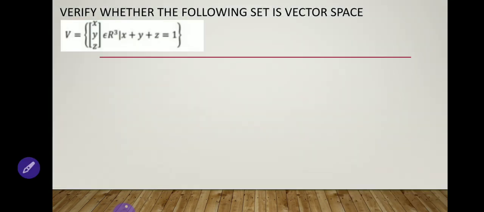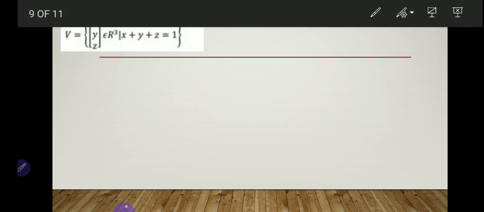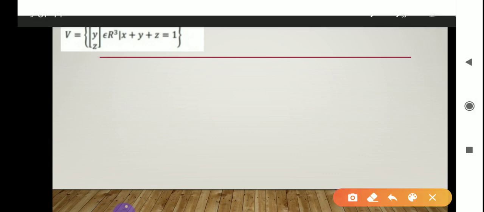So next problem is verify whether the following set is vector space. V is equal to {(x, y, z) belongs to R3 such that x plus y plus z equal to 1}. So we have to check this set is vector space or not. Okay, now we will check one by one property here.